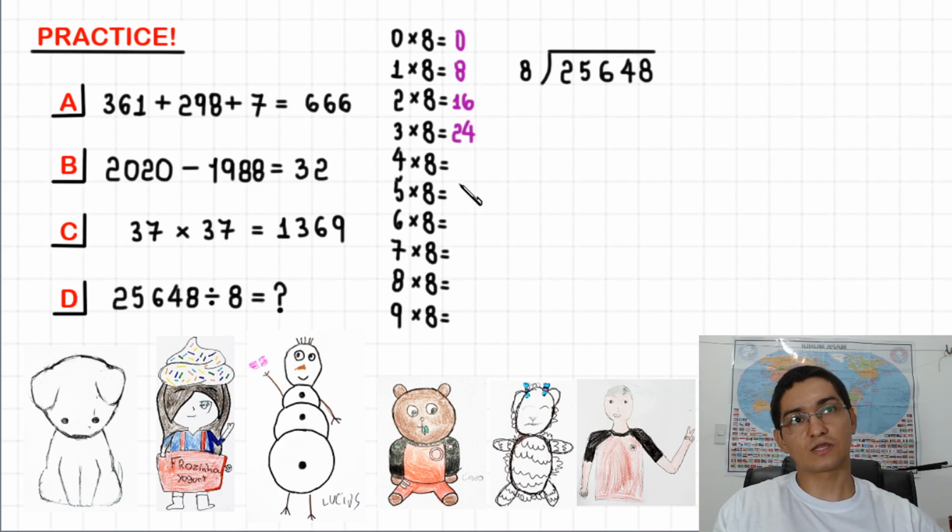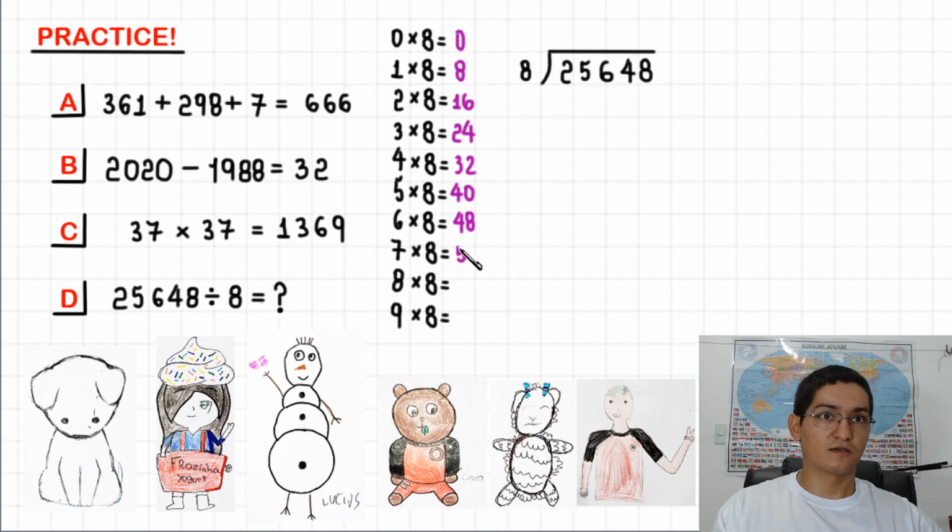If you don't know, you can always count. 4 times 8, 32. 5 times 8, 40. You just keep adding 8 each time. For instance, 40 plus 8, 48. That's the result for 6 times 8. 7 times 8, 56. 8 times 8, 64. And 9 times 8, 72.